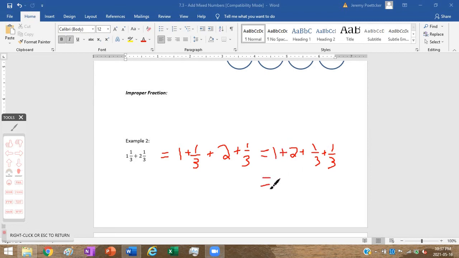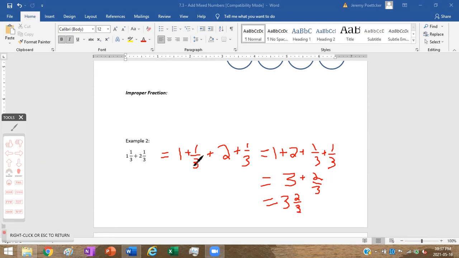1 plus 1, well, that's 2. And we've got plus 2/3 plus 2/3. Hey, I can do that real quickly. 2 plus 2 is 4, and the bottom number stays the same. So I've got 2 plus 4/3. Hey, I can write that as a mixed number. Lovely.